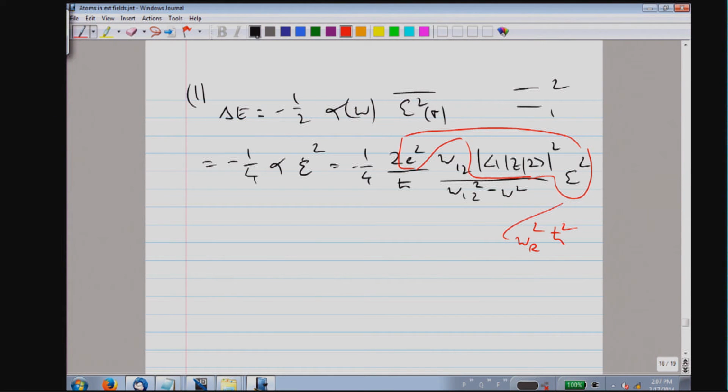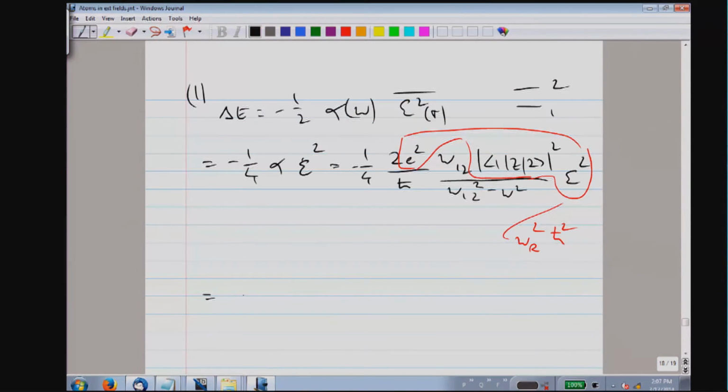So therefore, I've now written this result in what I think is a more physically insightful way by explicitly identifying the Rabi frequency which couples the ground and excited state.